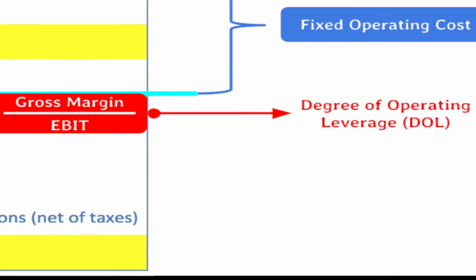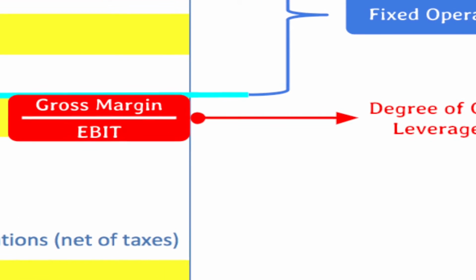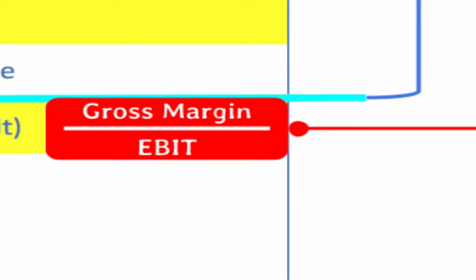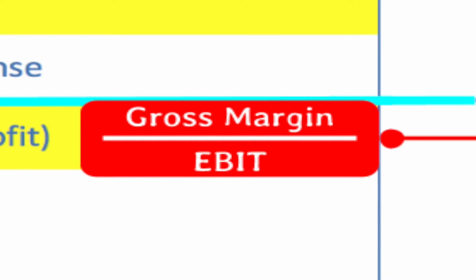So the degree of operating leverage or DOL is the percentage change in a firm's operating profit or EBIT resulting from a 1% change in sales. The thing to note here is that the degree of operating leverage is for a particular level of sales, and the DOL itself will be different at different levels of sales.